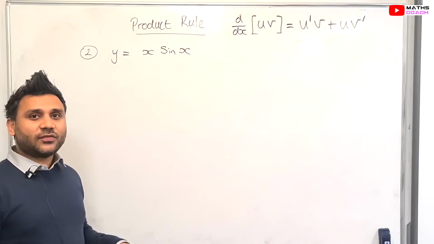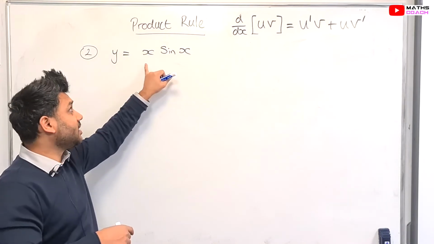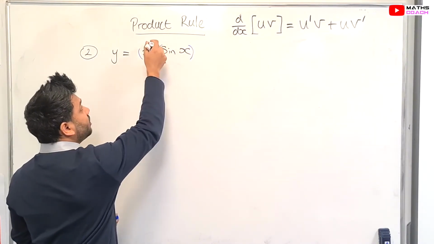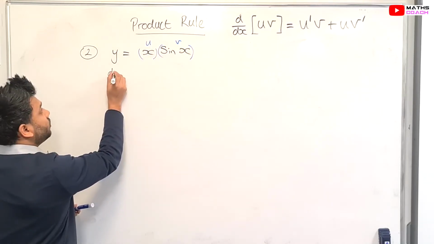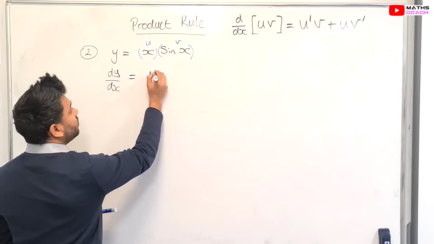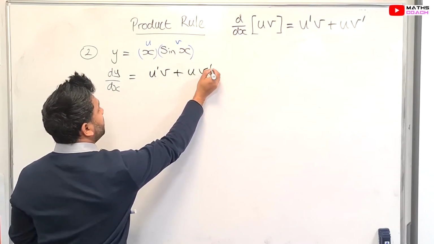Okay, let's look at a slightly different question now. So y is now the product of x and sine x. Before we had x and e to the x, and now we have x multiplied by sine x. So that's u, and this is our v. So we want to perform dy by dx. dy/dx is u dash v plus u v dash.